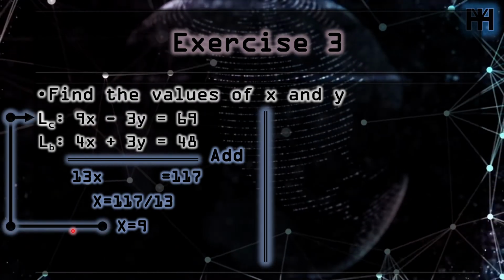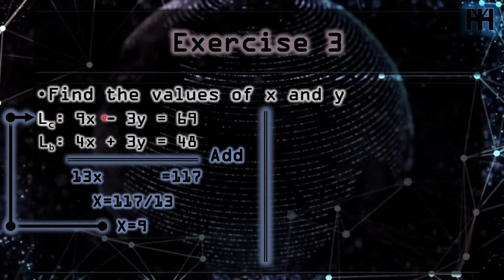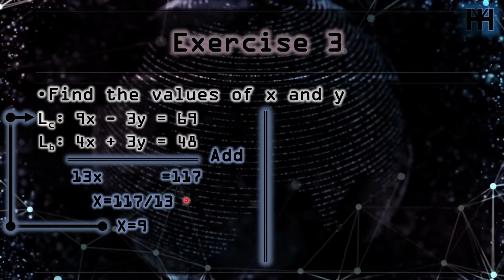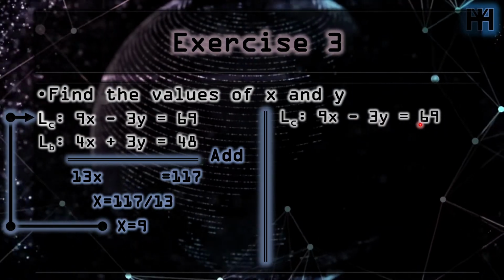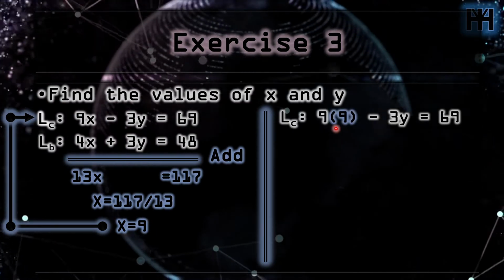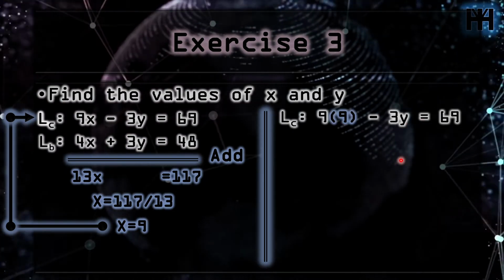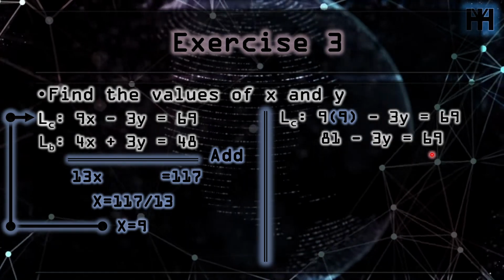Now we can substitute in LC. Now it's LC because we multiplied it. I call this equation LC. So in LC we have 9x minus 3y equals 69. We got x equal to 9. Let's substitute with 9. So we have 9 times 9 minus 3y equals 69. So we have 81 minus 3y equals 69.